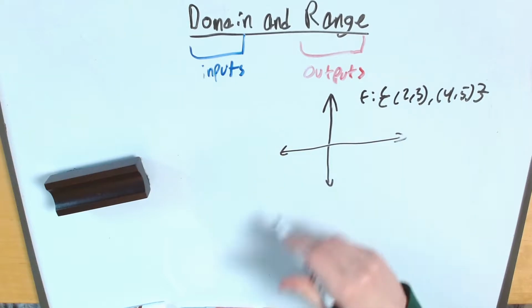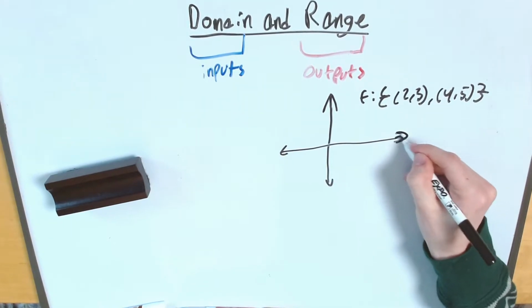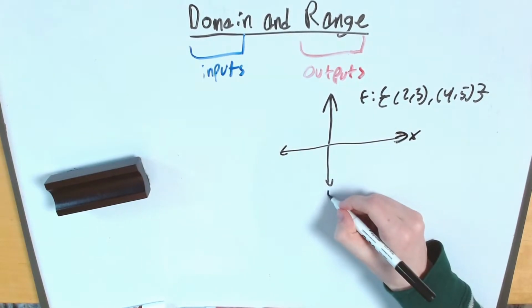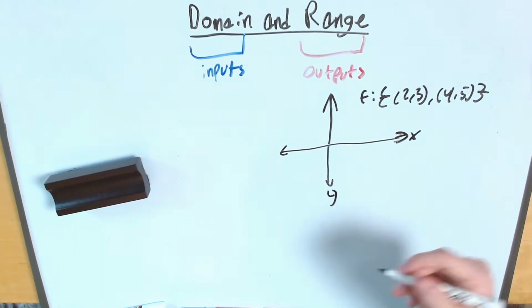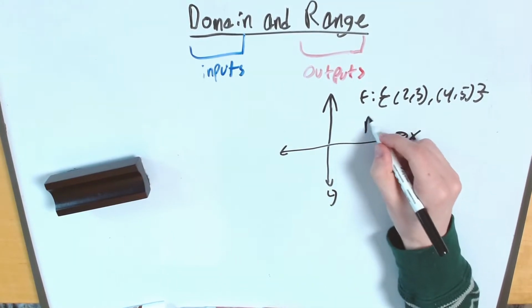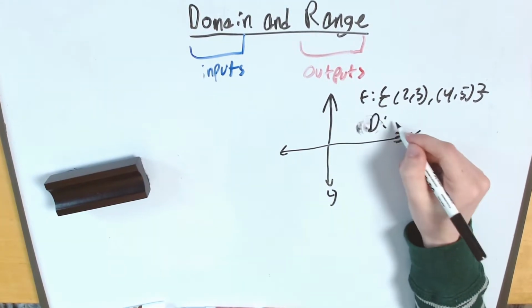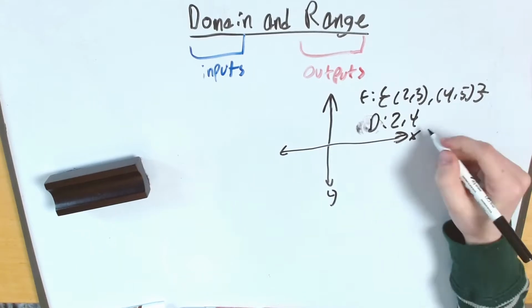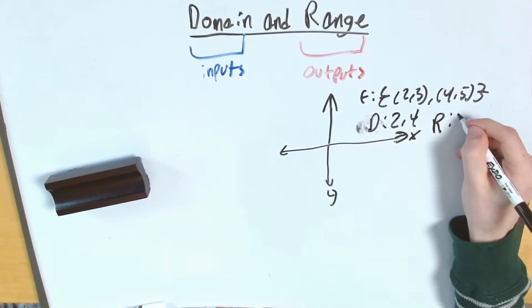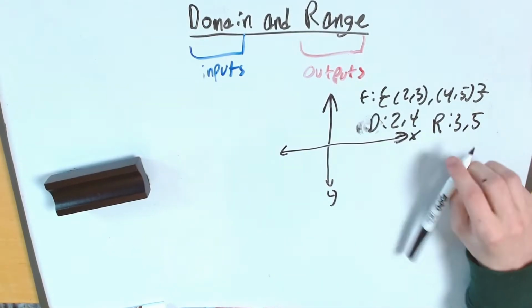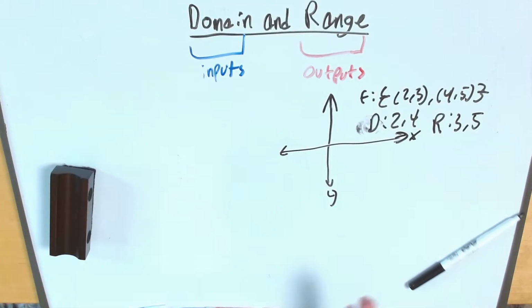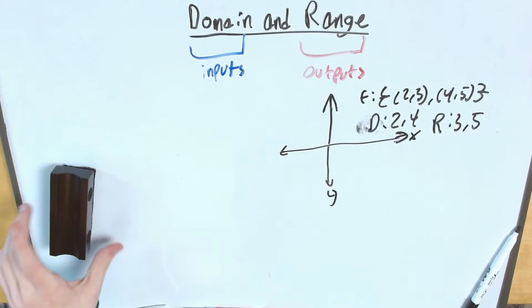The domain is the inputs, and we know when we're graphing, the x's are our inputs and the y's are our outputs. So my inputs, my domain, are just 2 and 4. And my range is just 3 and 5. Well, that's really easy. The domain is the x and the range is the y.